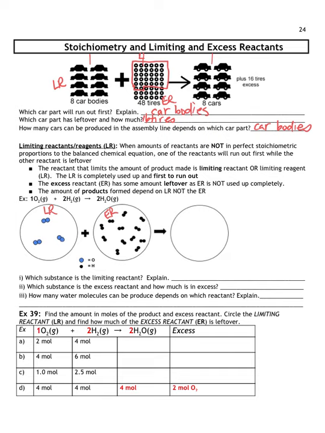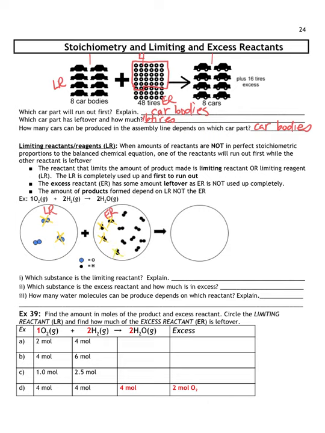Now, how much in excess, you will see. I'm going to do this problem in a very rudimentary way. For every 1 oxygen, I need 2 hydrogens. We're really looking at this 1 to 2 ratio. I'm going to show you in very basic layman's terms how this is working.